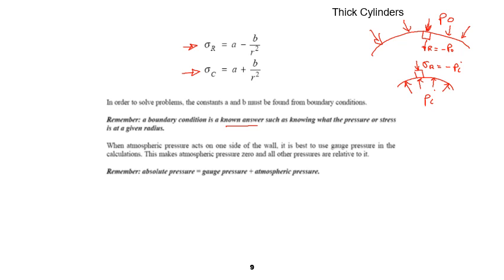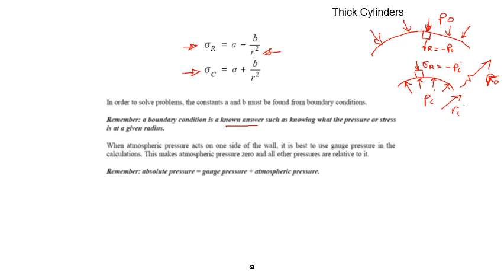So if we can find these two, then we have two equations for sigma r, which then we can solve to find A and B because they have different radii. Okay, the radius for the internal is ri, the radius for the outer surface is ro. So we have ri here and we have ro over there. So we have two radii.